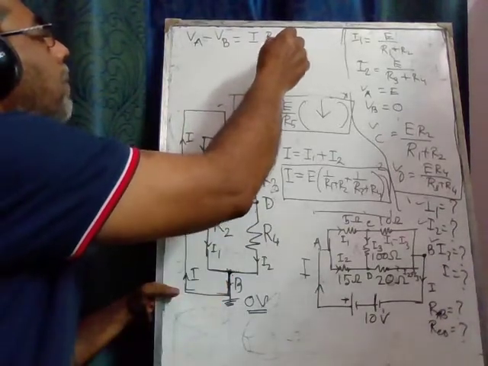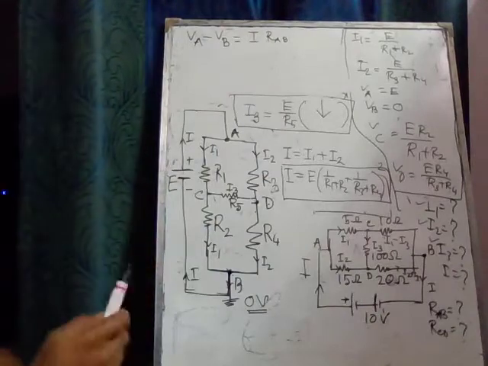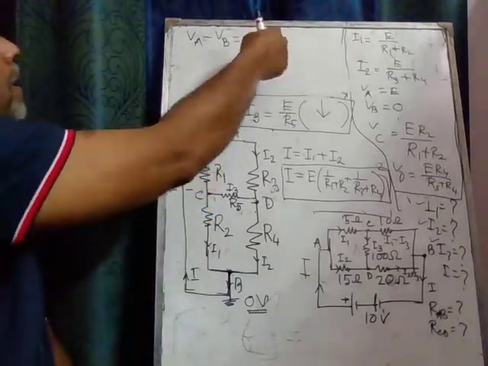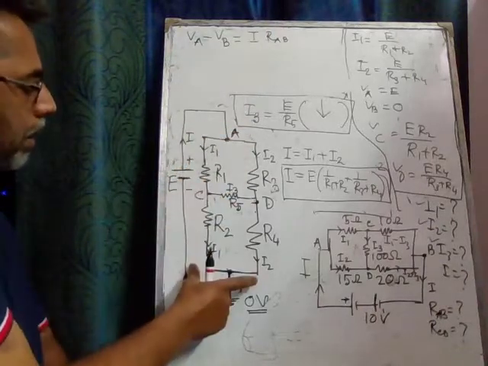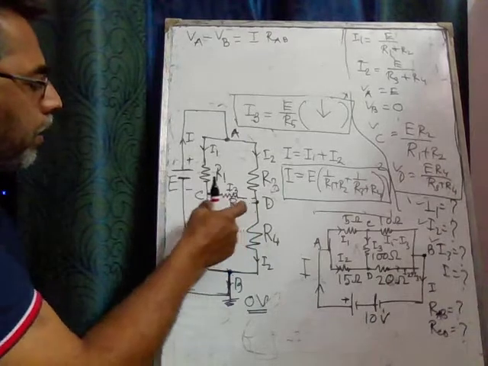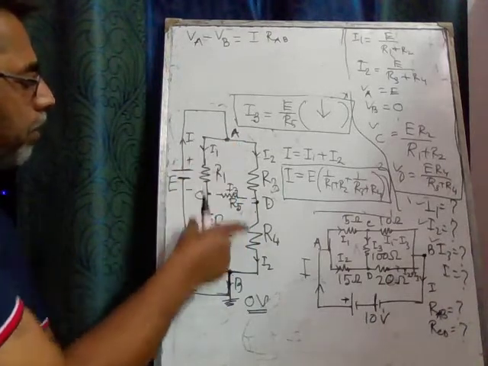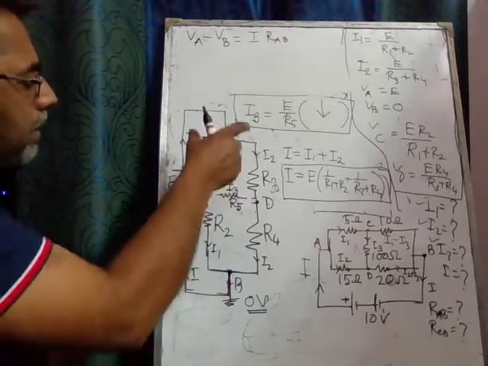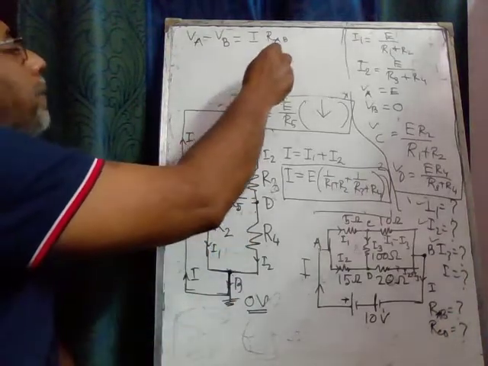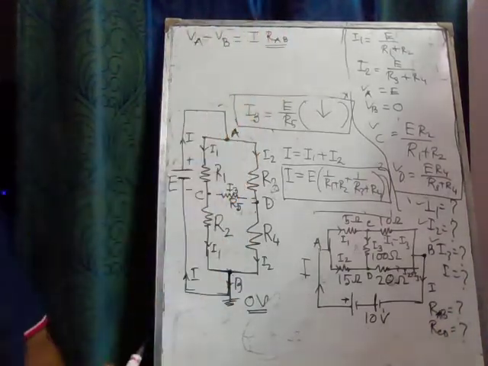This is the effective resistance between the points A and B. So this is the total current and this is the total resistance. This whole network, when replaced by a single resistance, would be represented by RAB.